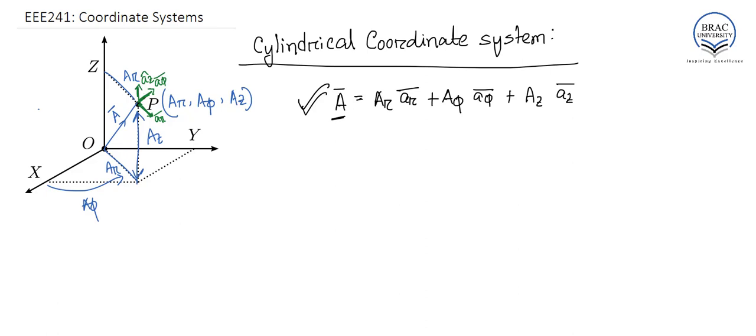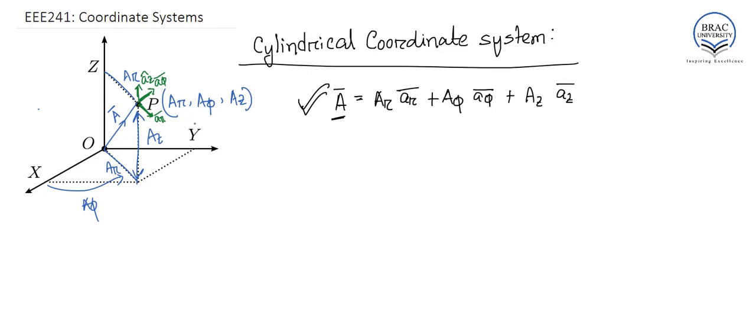In the green color over here, I've just shown you the direction of the unit vectors. As we just explained, the point P is the same in 3D space, but we're using a different coordinate system to denote its position. So there must be a way to link the cylindrical coordinates to the Cartesian coordinates, so we can interchange the coordinate systems if we have to.